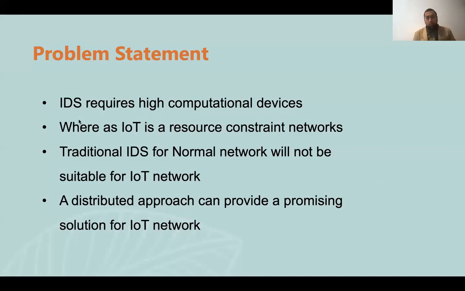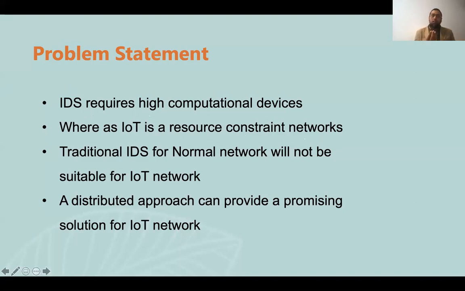The concept is very interesting and simple. As I told you, the traditional ideas for a traditional network require a high computational device, because you need to run the software, analyze the data and so on. The model requires a lot of computational capability, whereas IoT is a resource constrained network.